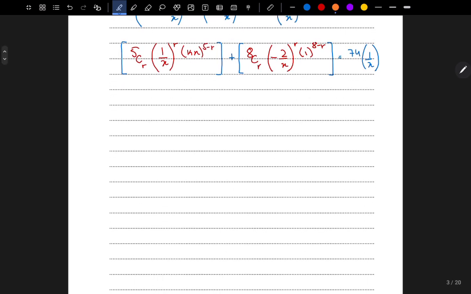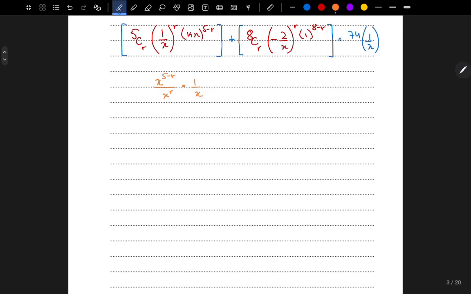Now if we isolate these terms, we can see that there's an x value over here and we have the x value over here. We need to isolate these x values from these equations. So we can write this as x to the power of 5 minus r upon x to the power of r equals 1 upon x.